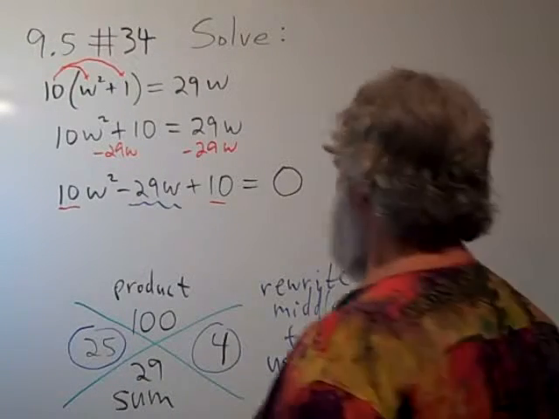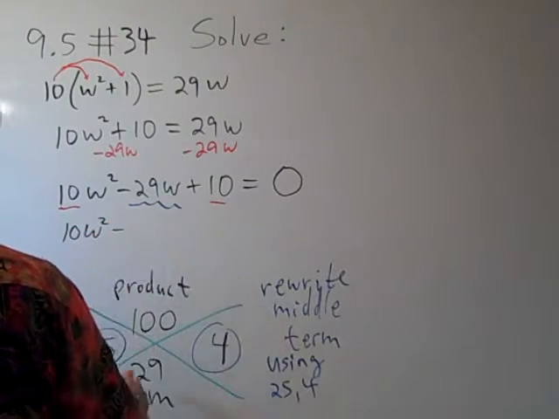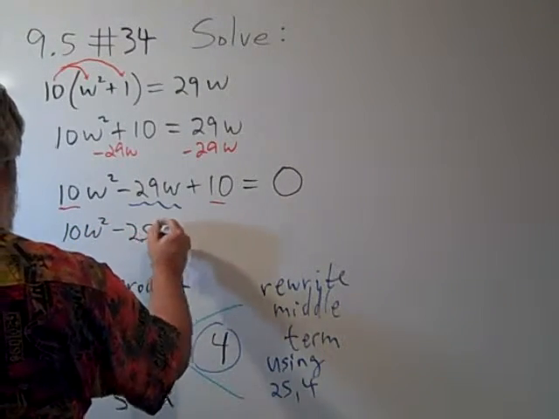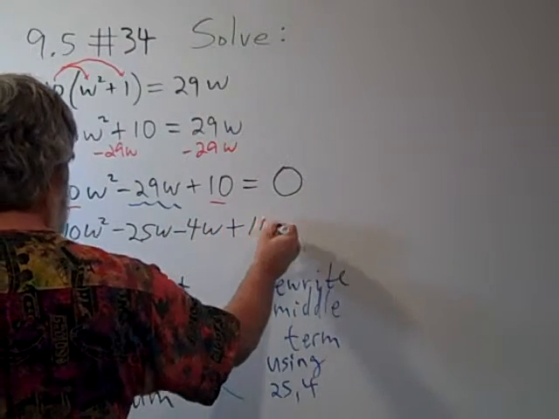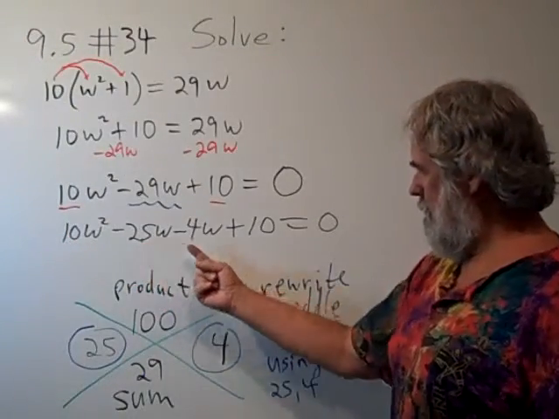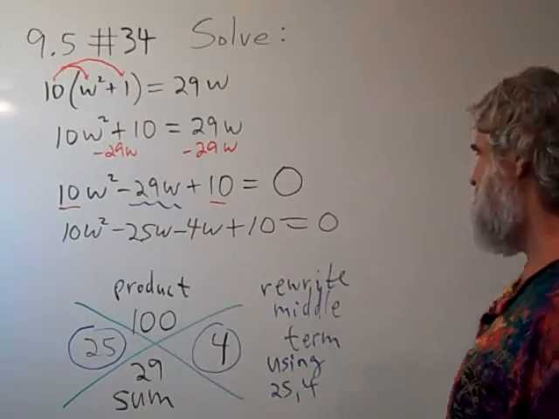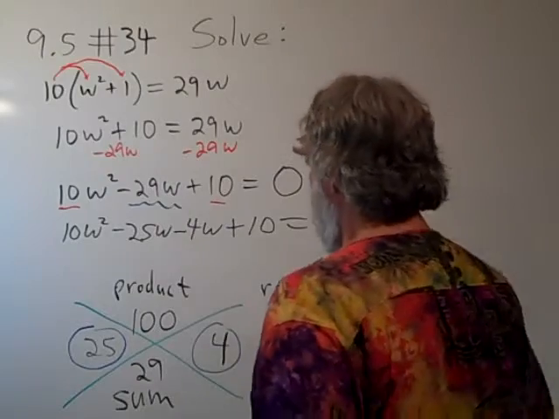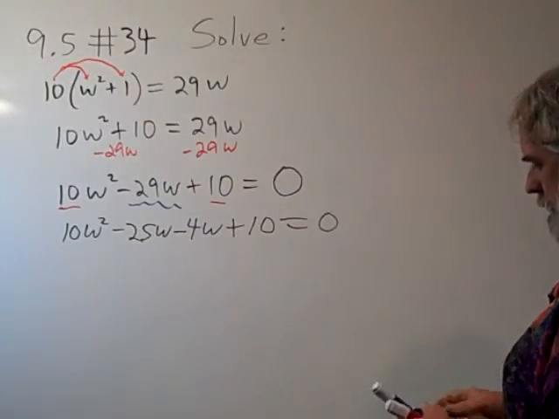Okay, let's do that. We get 10w squared minus 25w minus 4w plus 10 equaling 0. Because negative 25w, negative 4w adds up to negative 29w. So now we can use factor by grouping to finish this.